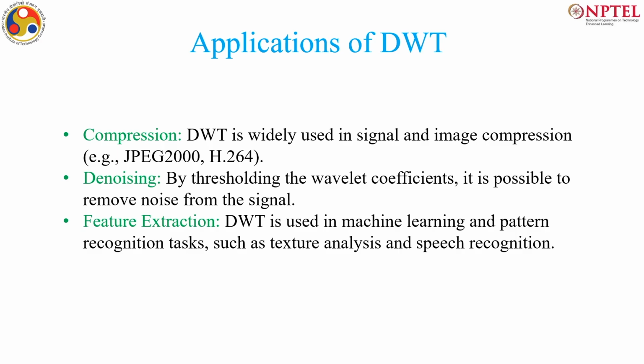One is JPEG 2000 image compression. You have heard of JPEG 2000. JPEG 2000 is a very nice image compression algorithm which is better than the JPEG algorithm, which uses DCT, discrete cosine transform. And similarly H.264.